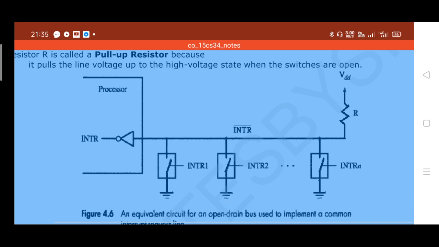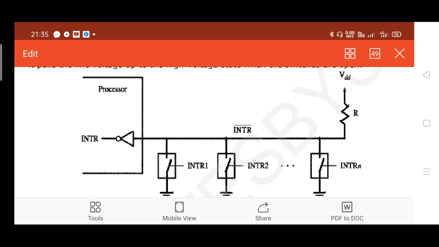Similarly, in the next interval, if a second device is raising the interrupt, how will the interrupt be raised? Just by closing the circuit.